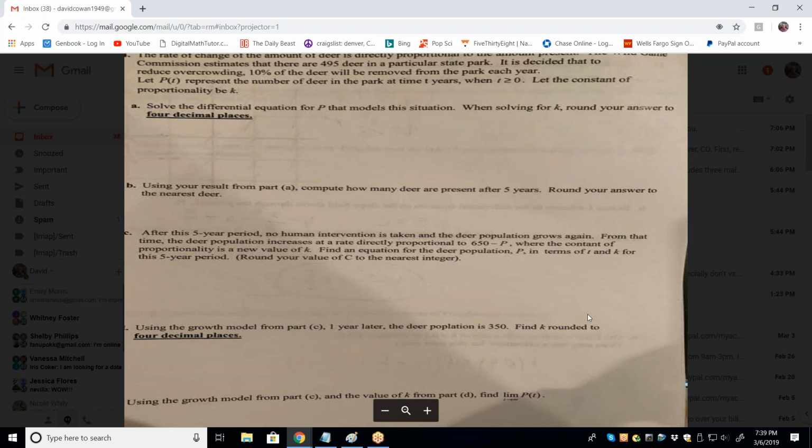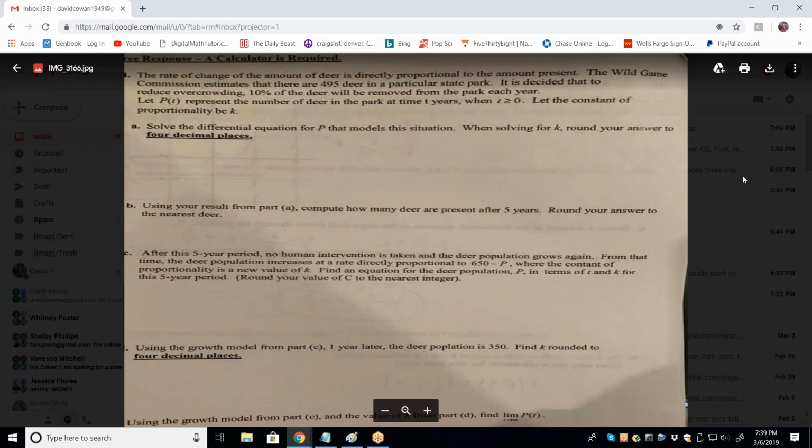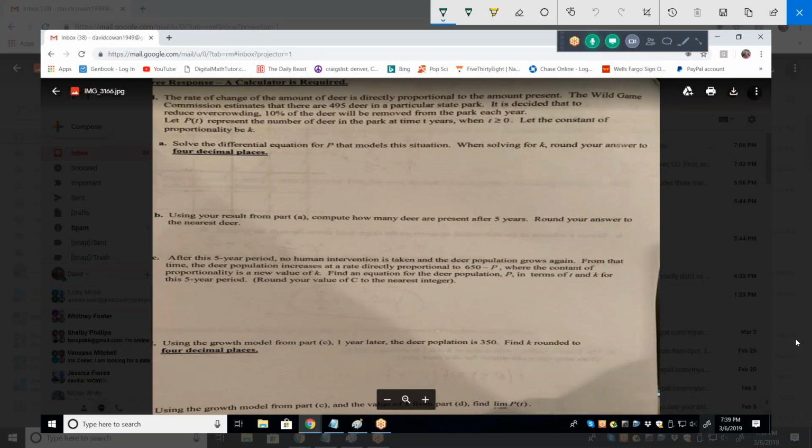So, all right, let's look at this problem right here. Number 1, I assume you want to talk about? Okay, I can load this into Paint, but since you took the picture vertically, I don't need to.